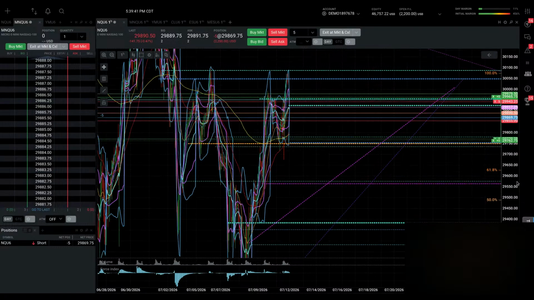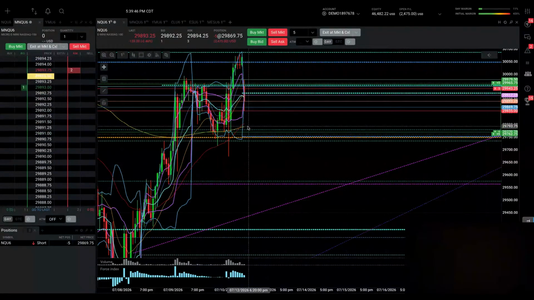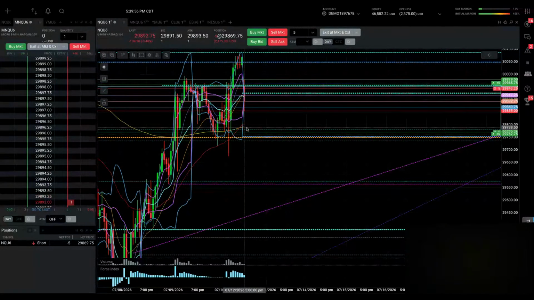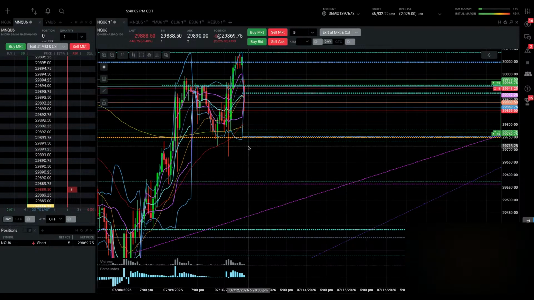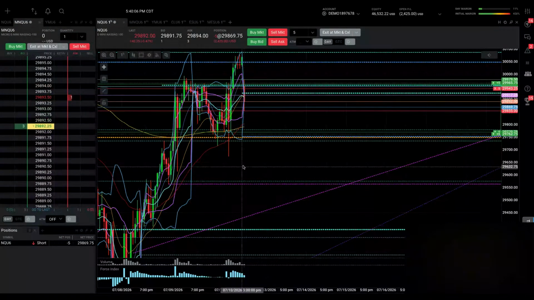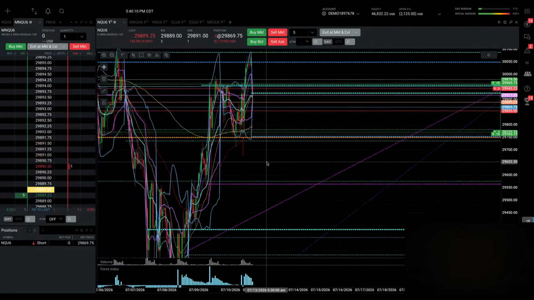Okay, so the 200 is basically lining up just above the bottom of our range, which makes sense actually. Because obviously if we can hold this 200 here and we break out of this previous day range, and whoosh, down we go. Okay, so that does make some sense actually.